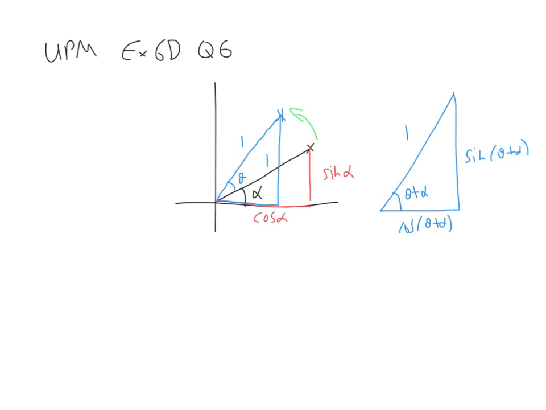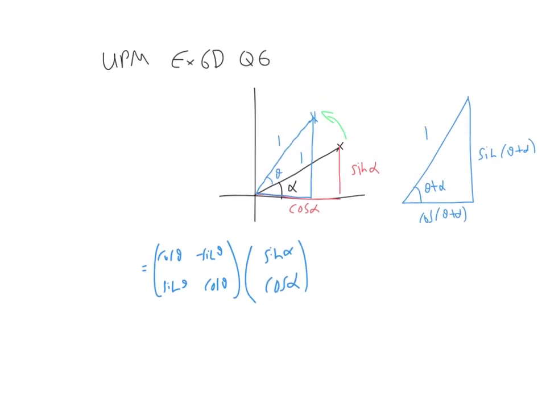If we get the original point, sine alpha cos alpha, rotate it, i.e. use the matrix for rotating theta degrees, the answer to that should be the point sine theta plus alpha, cos theta plus alpha.